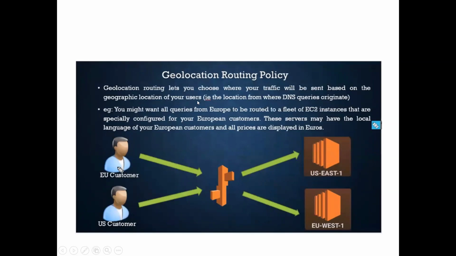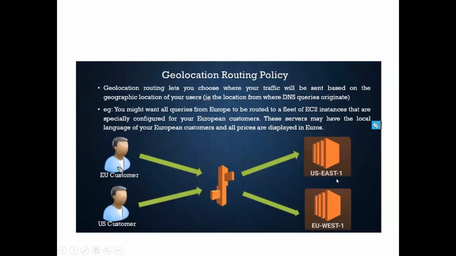If the user is trying to access the application from India, the server has to send the content related to India only. The request will reach the server which delivers the content of India.